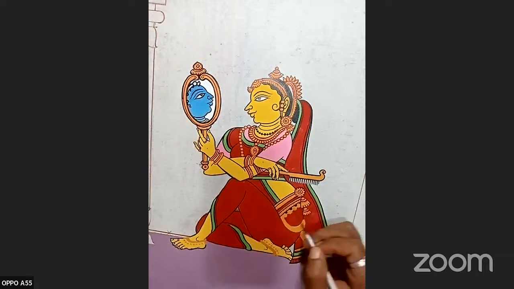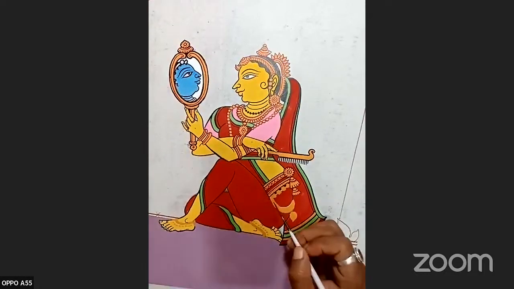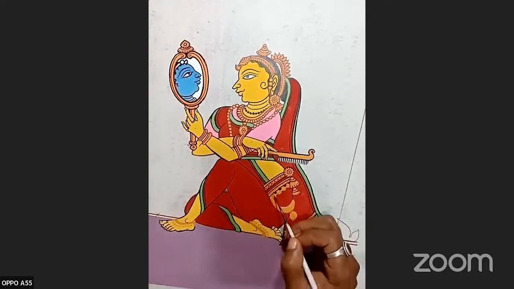And now with the brown color, he is just giving more details to the jewelry part and other elements. So right now the color being used is a medium shade of brown, not too dark, not too light, and giving the detailing to all these elements.